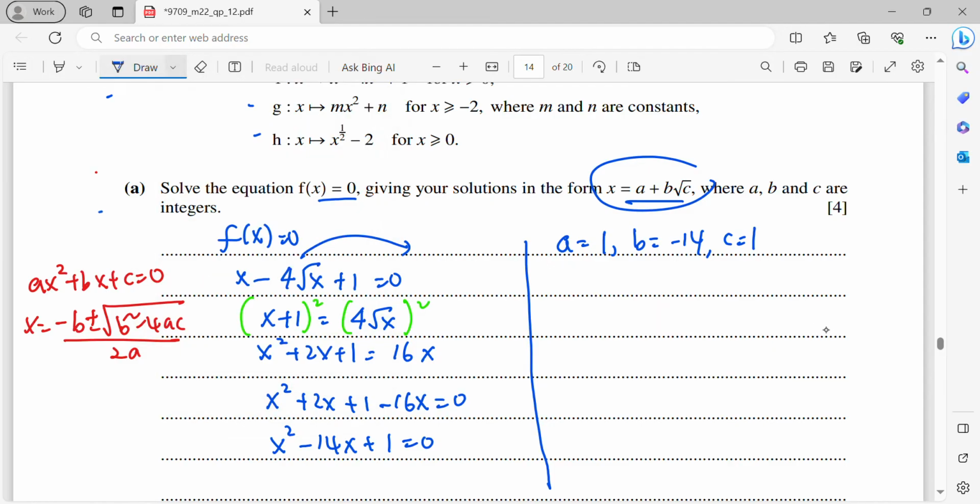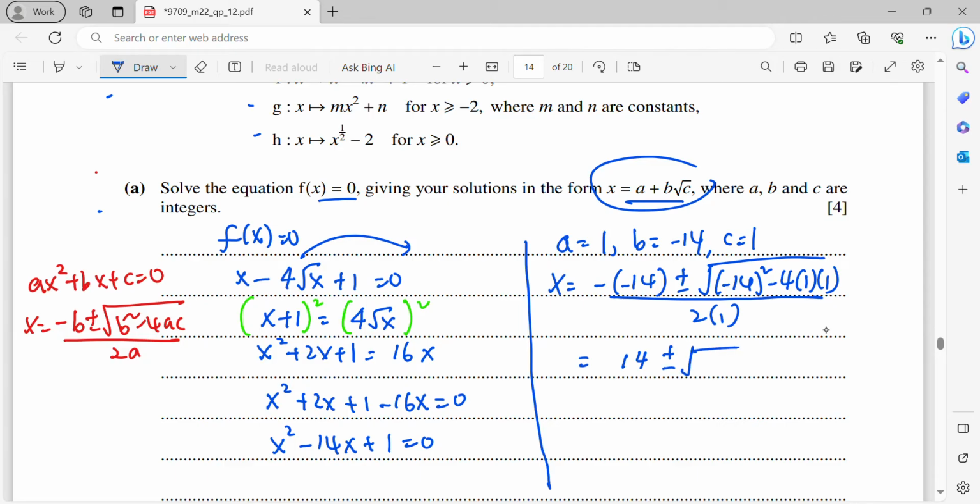So now here I will get x equals minus b, which is 14, plus minus square root of b squared minus 4ac, over 2a. Alright, so minus negative 14 is positive 14, plus minus, when you calculate square of negative 14 minus 4, it will be 192. Then divided by 2.